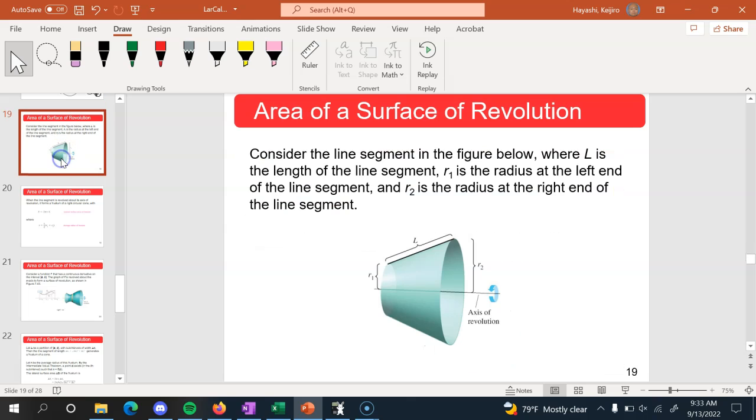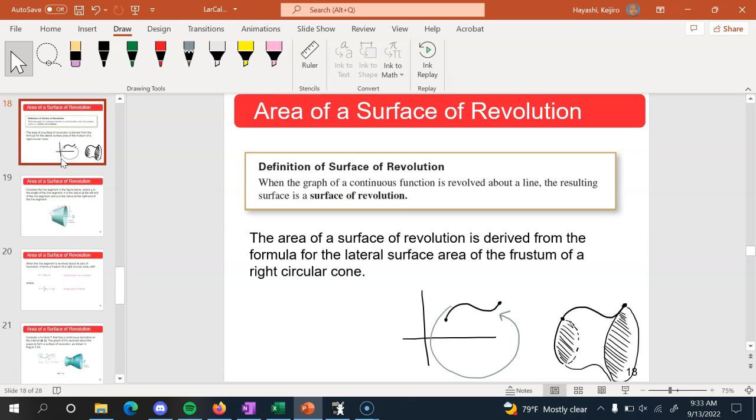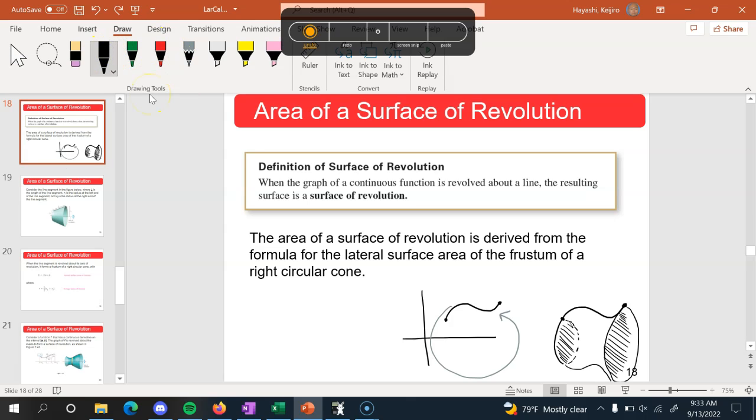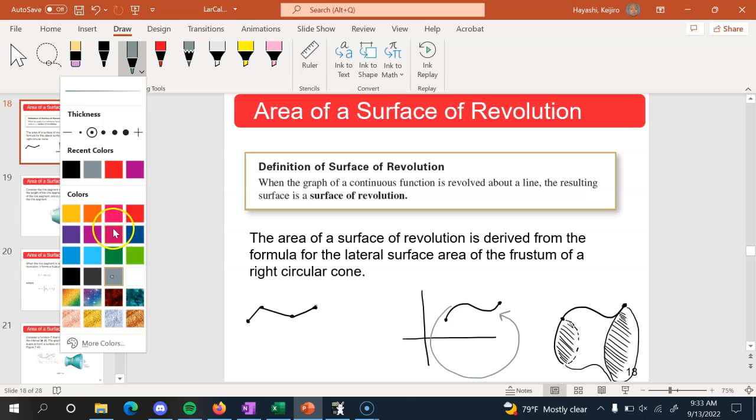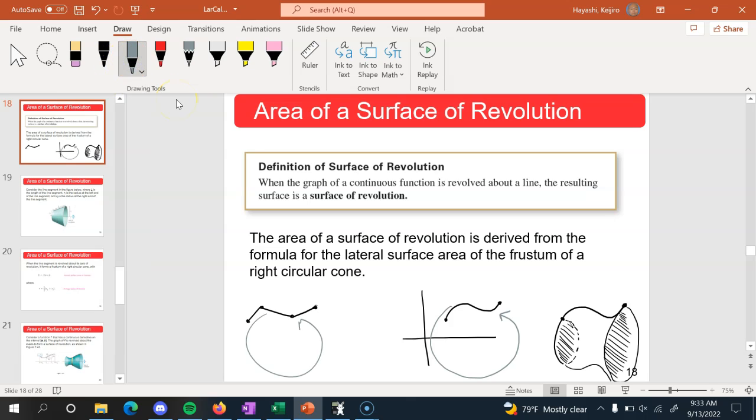And again, in the interest of time, we're not going to really mess around with the derivation of it, but it does have to do with, if you were to approximate this using a bunch of line segments and then take those line segments and rotate them around, what you would end up with is a bunch of sections of cone called frustrums.